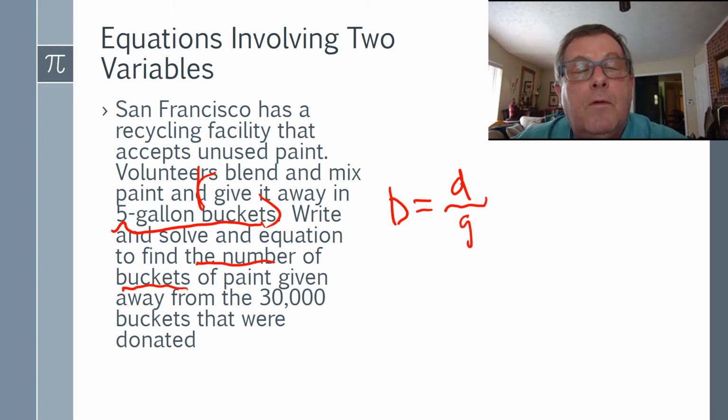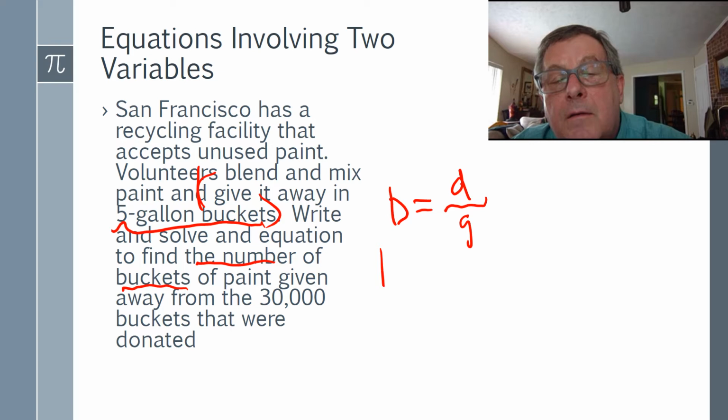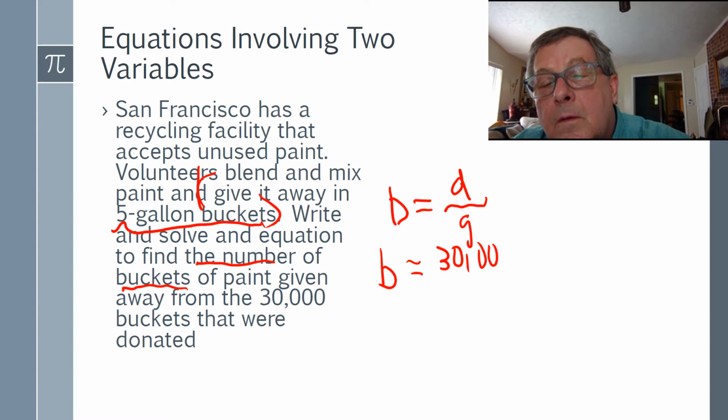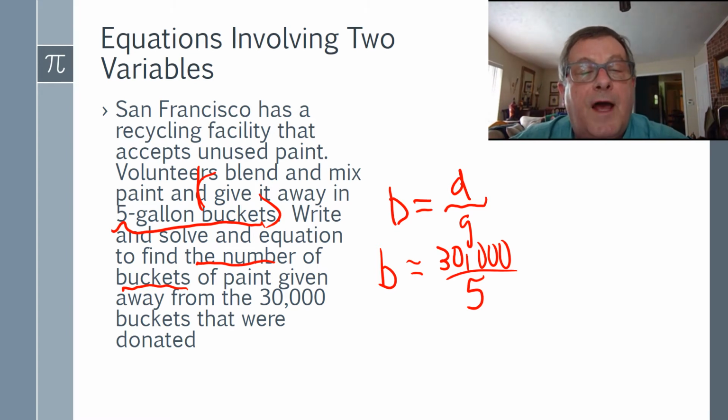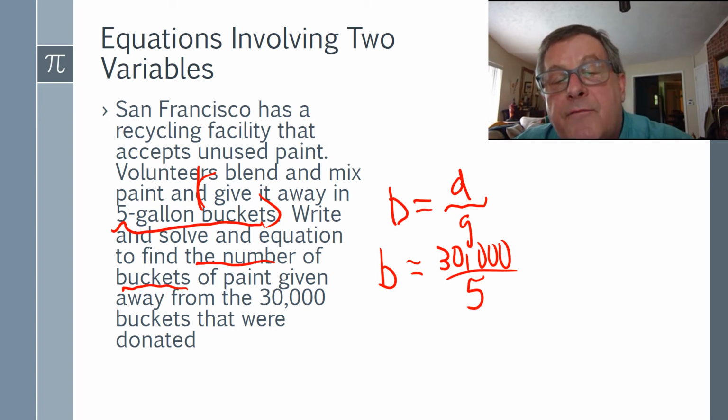All right, so let's fill in what we know. Buckets is what we're trying to find. And we've got 30,000 donated buckets. And we're giving away 5-gallon buckets. So in order to find the number of buckets that we're giving away, B, we can take 30,000 and divide it by 5.